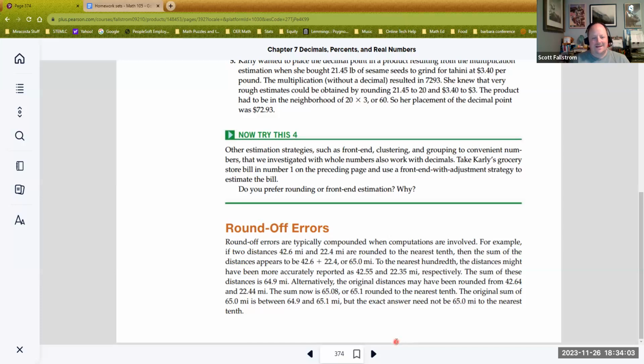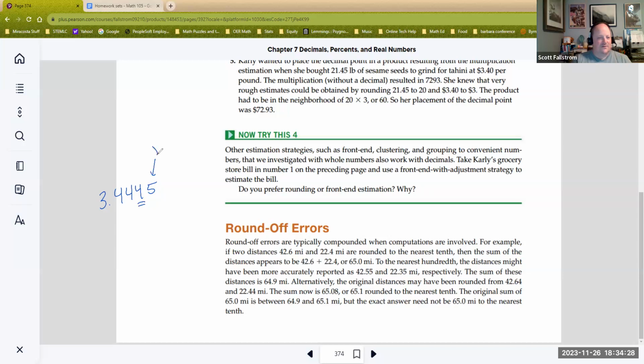When you round things off, you are creating an error because it's no longer this exact value. Now, you have to be careful. You only want to round once. Here's the reason why. If you had a number like 3.4445, and I said round to the nearest thousandth, you would look at this digit, and our convention is to round that one up.